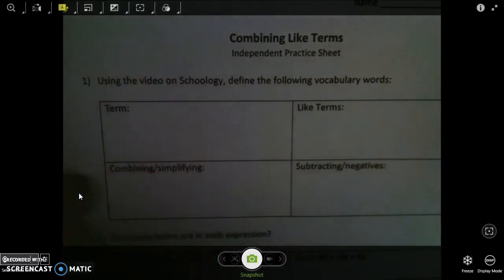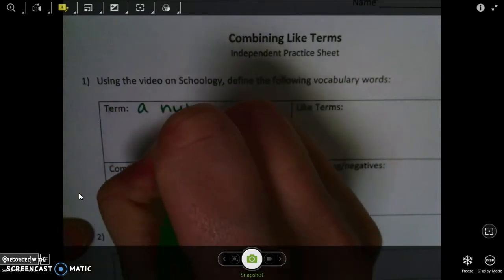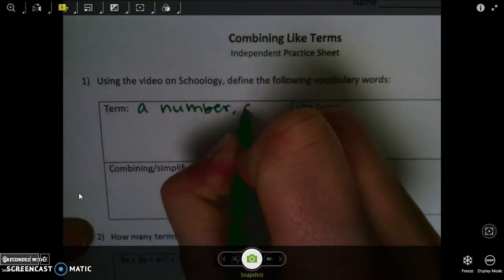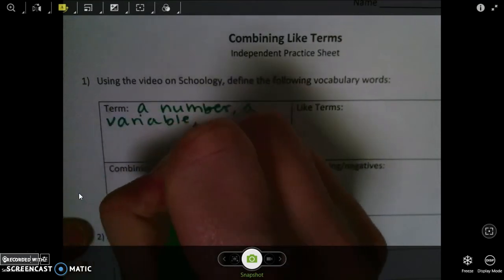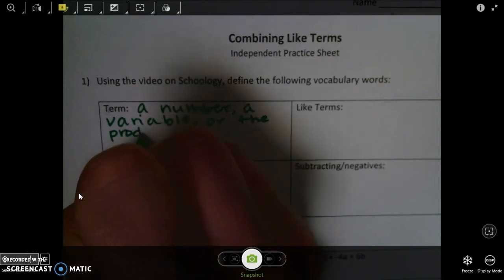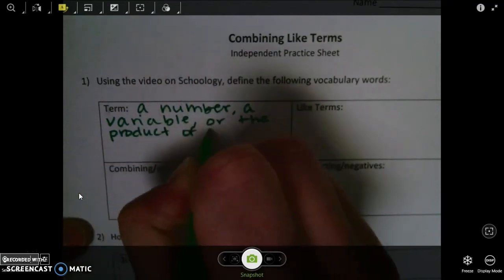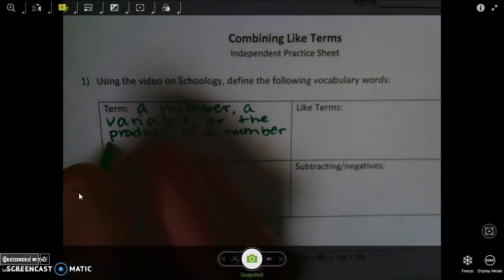A term could be one of three things. It could be a number, a variable, or the product of a number and variable.